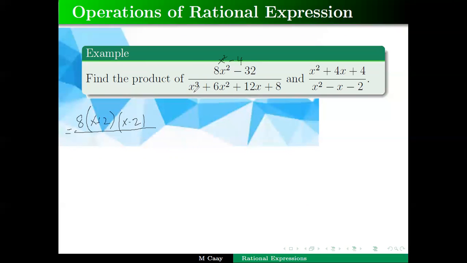This is actually x cubed. I can write this as 3 times 2 x squared, and this is 3 times 2 squared x, and this is 2 cubed. So basically, this is just the same as x plus 2 cubed.